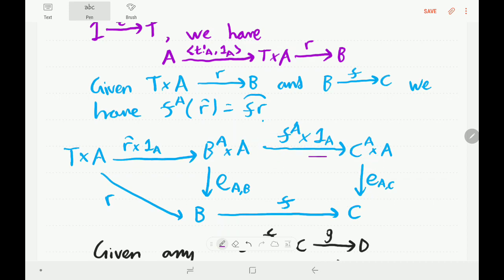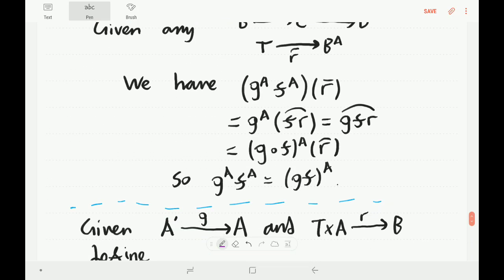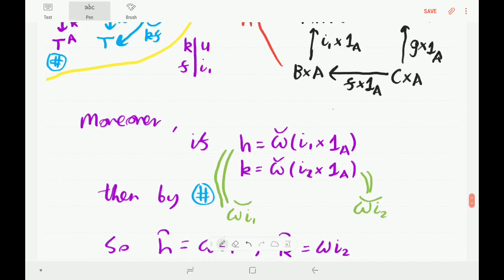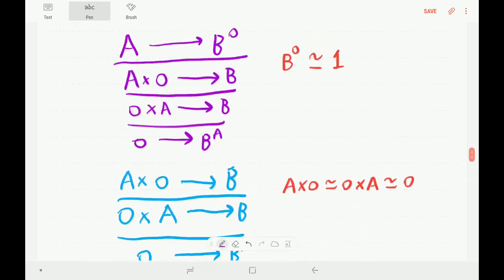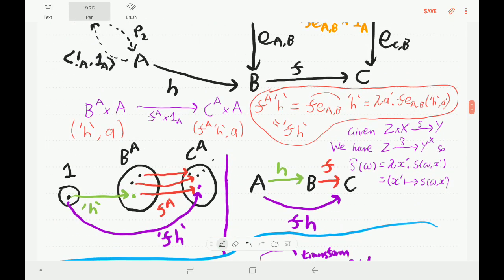So we can think of f to the power of A as the unique arrow that makes this diagram commute. But more expressively, really, f to the power of A is this. It evaluates, it does the function, and then there's a transpose of it.